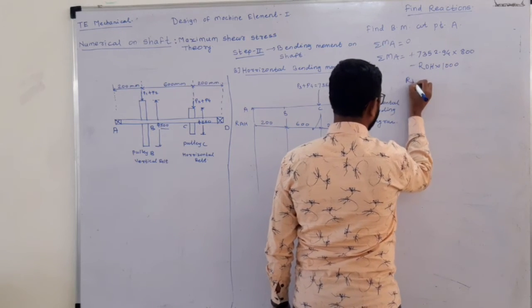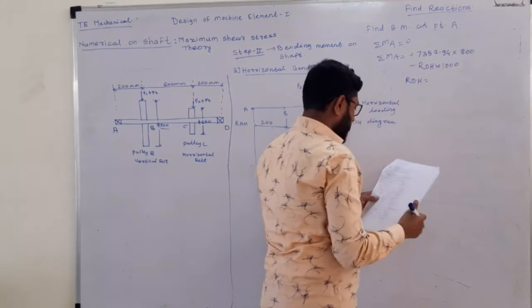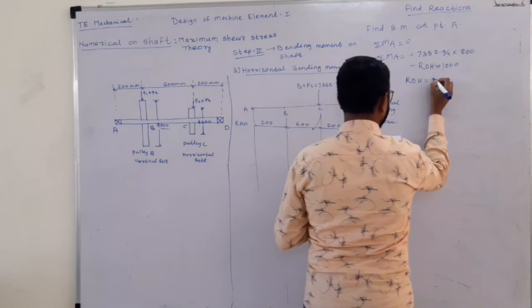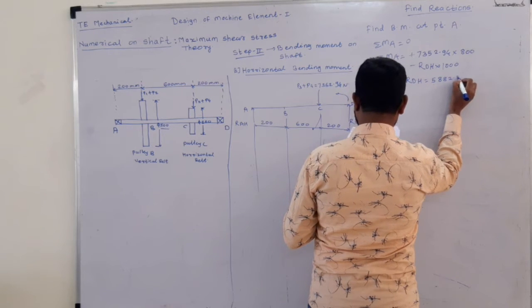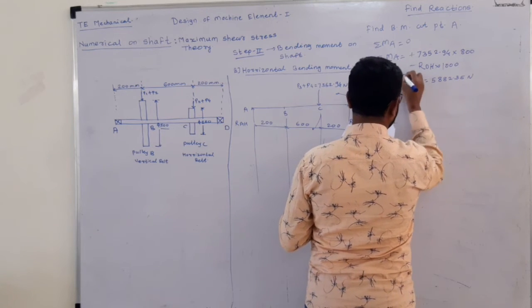By calculation we will get RDH is equal to 5882.35 Newton.